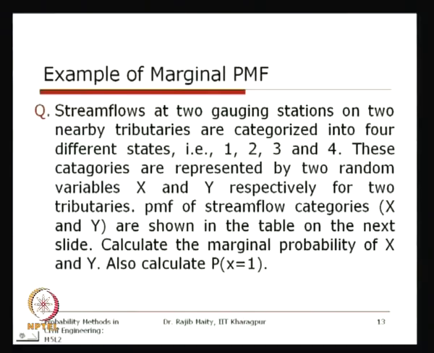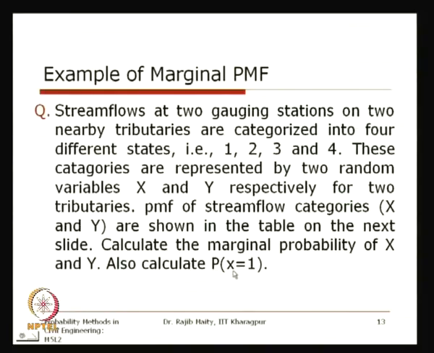That probability we got from the PMF that was supplied. Here we are looking at how to get the marginals from that joint PMF, which we will discuss now, and then from the marginal probability we have to calculate the probability that x equals 1.